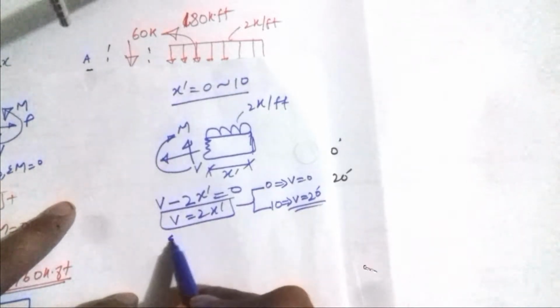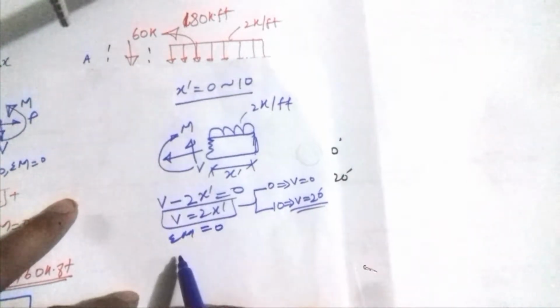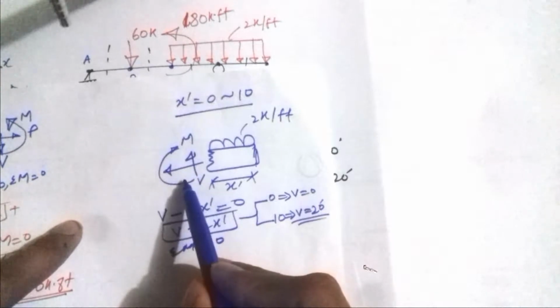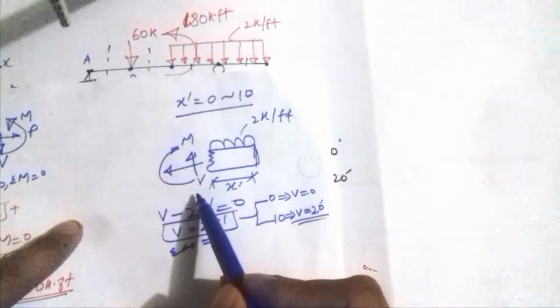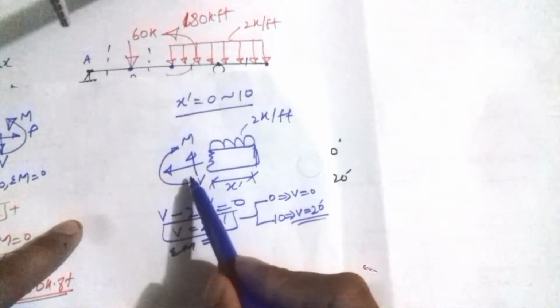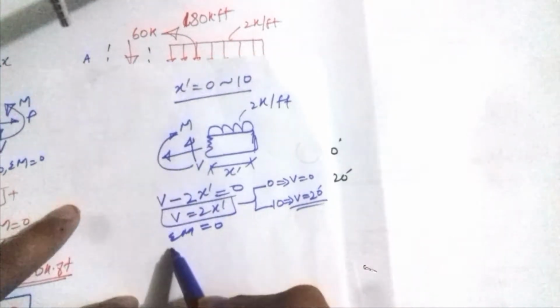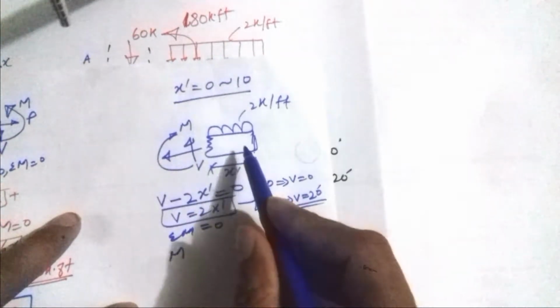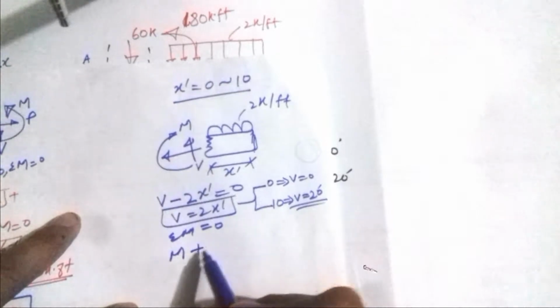Now the value of the bending moment, summation M is equal to 0. At this point the value of clockwise is positive, so I take this as positive. This is also clockwise, so this will also be positive.